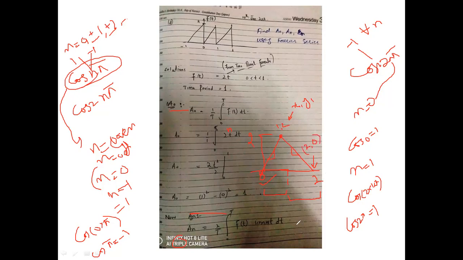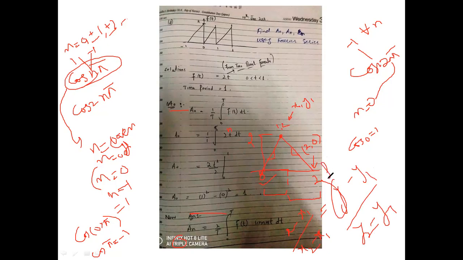So applying x minus x1 divided by x2 minus x1 is equal to y minus y1 divided by y2 minus y1. Here y is the function f of t, and x is equal to t.